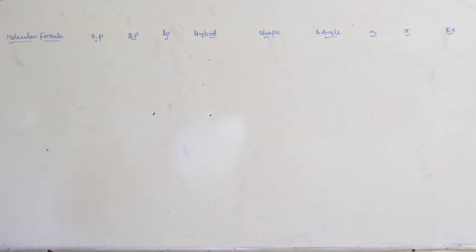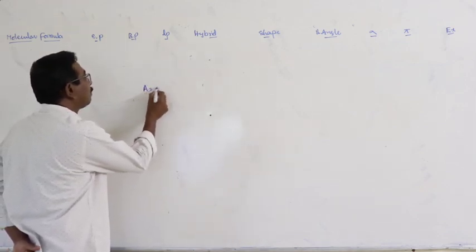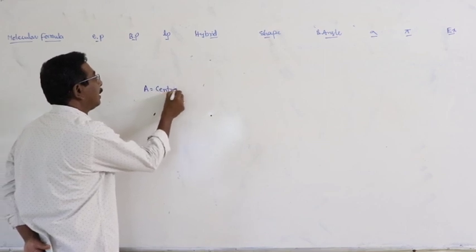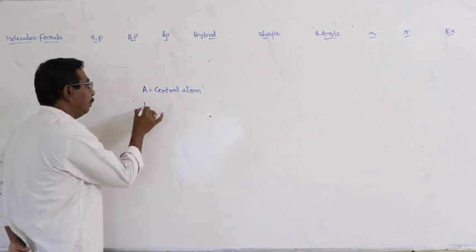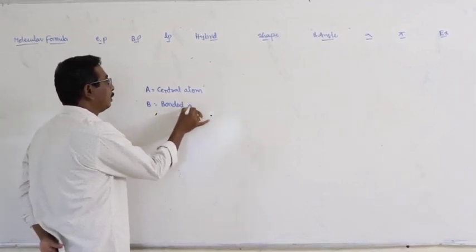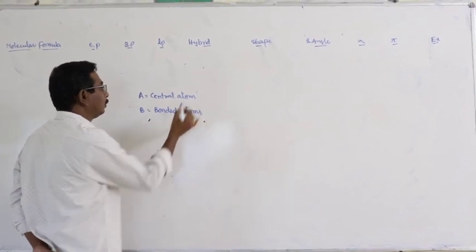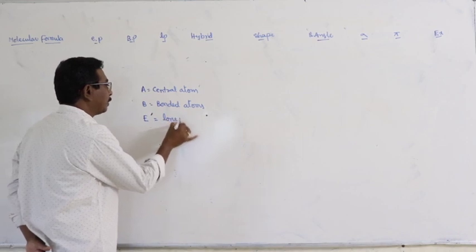Okay. Before going to construct the table, we have to give the general formula. Here, A is equal to central atom. B is equal to bonded atoms. E is equal to lone pairs.